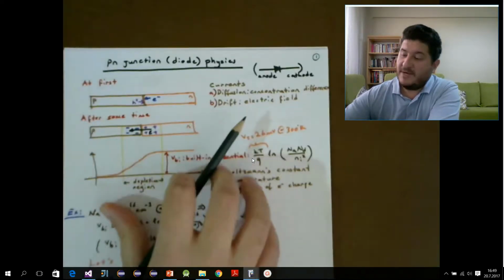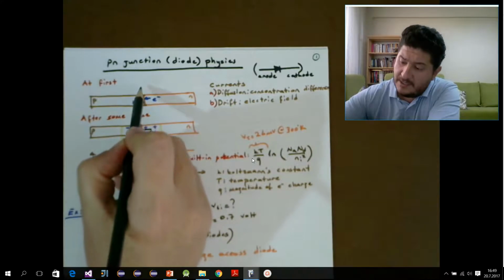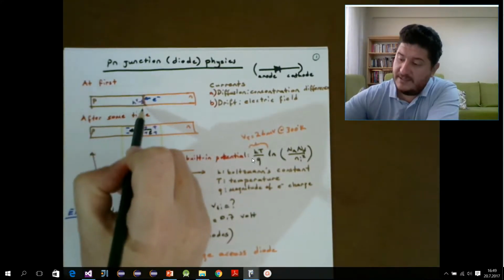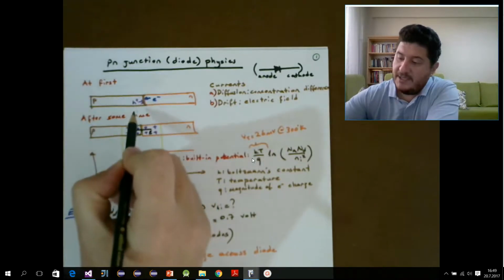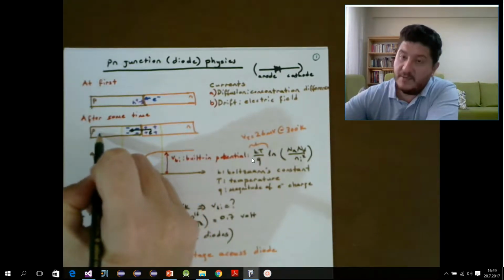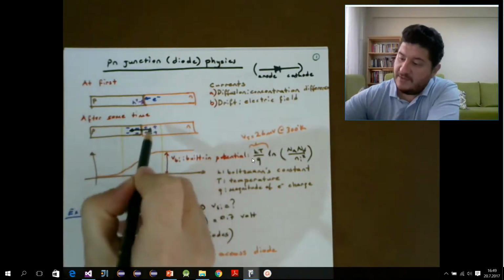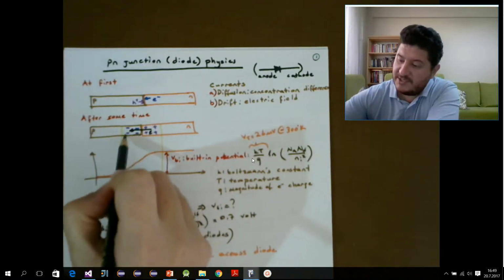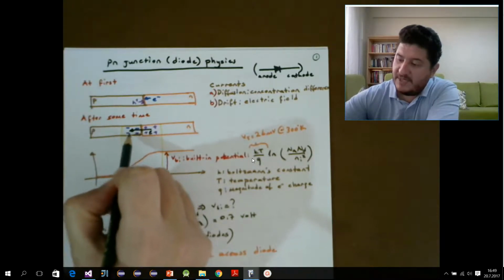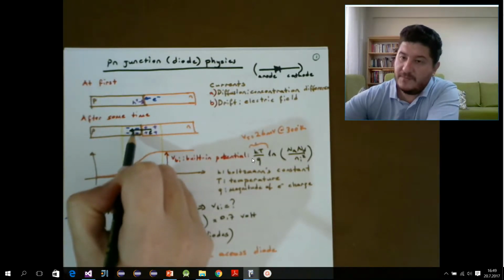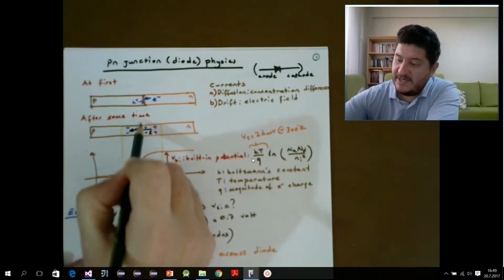And what happens is, right at the junction of P and N-type materials, on the P side, where we have lots of holes, right next to this junction, we will have a small place where we have lots of electrons. We have more electrons than holes right next to the junction.